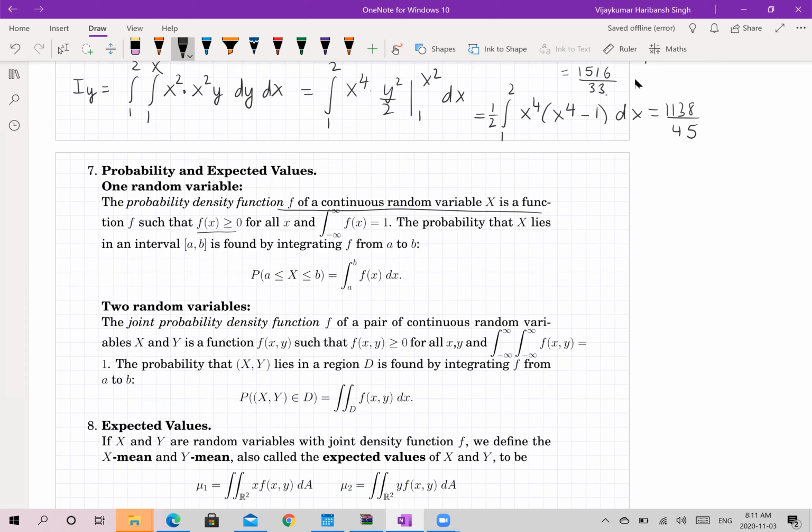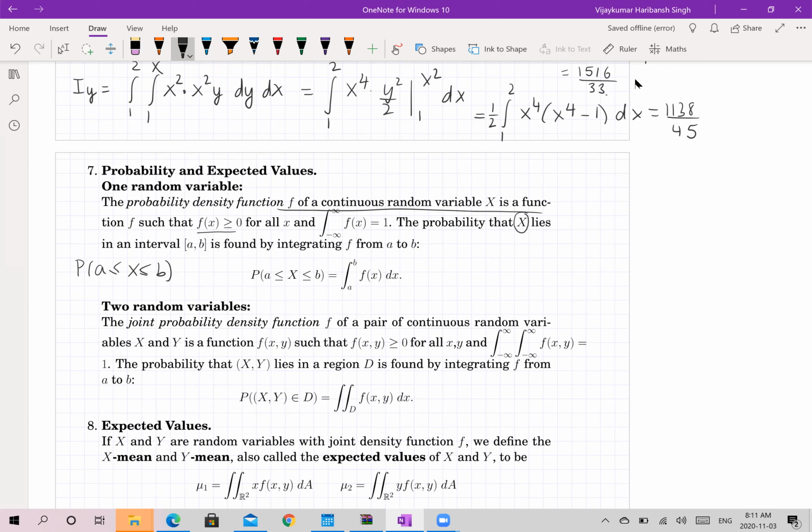And if you integrate from minus infinity to infinity f of x, you get 1, right? Okay, so this is a probability density function. So the probability that the value of random variable x lies between a and b is given by the integral from a to b of f(x) dx.